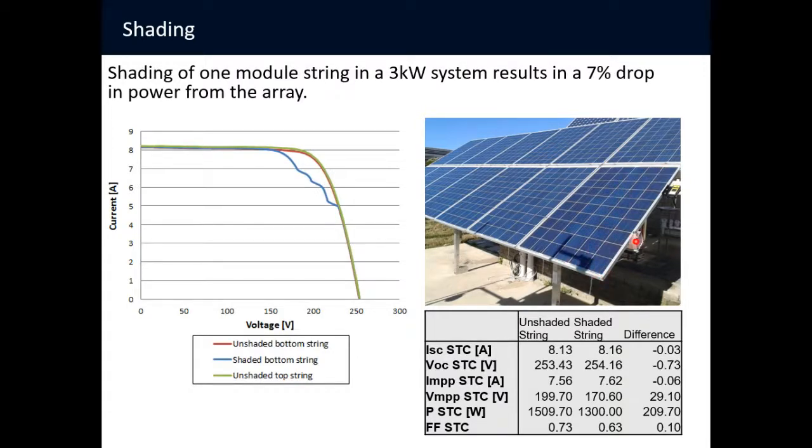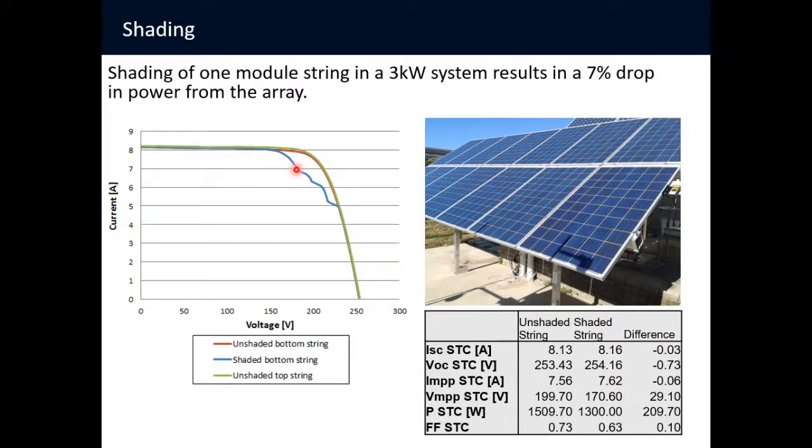So I think what's probably happening is that because multiple strings are being affected, you're having a more significant effect. Whereas if the same area of shading was focused on just one string, then the bypass diode would be activated, and that string would be knocked out, but perhaps the overall effect would be less.